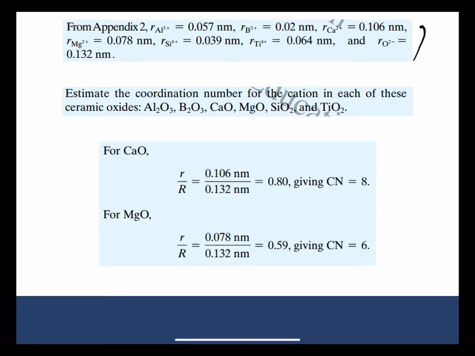Okay, so perhaps considering calcium oxide, calcium is the smaller cation in this ionic compound, and the oxygen is the anion, so it is the larger species. The radius value for calcium is listed above, 0.160 nanometer, so that can be our numerator.